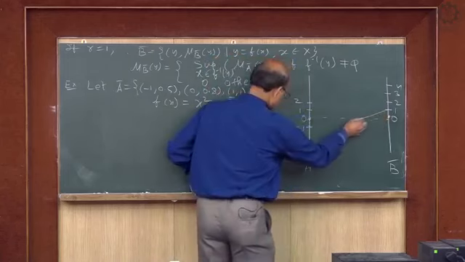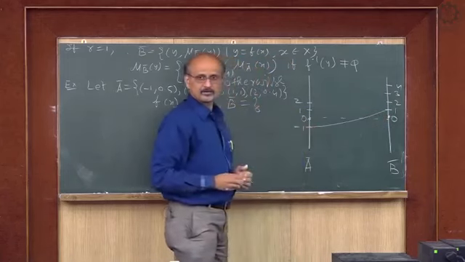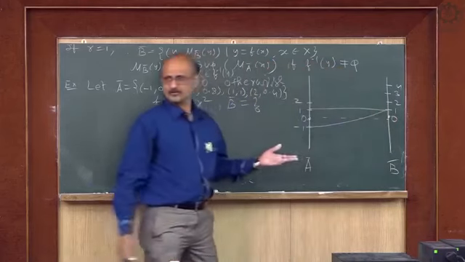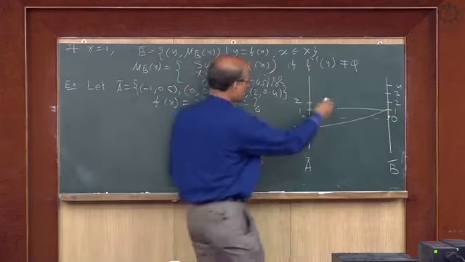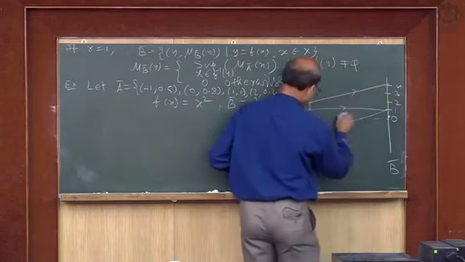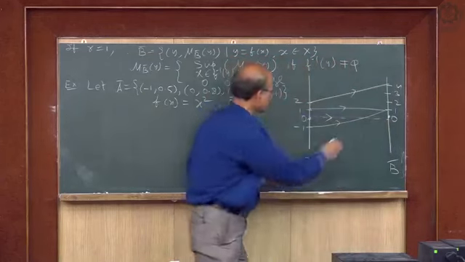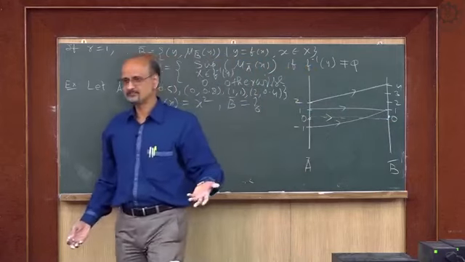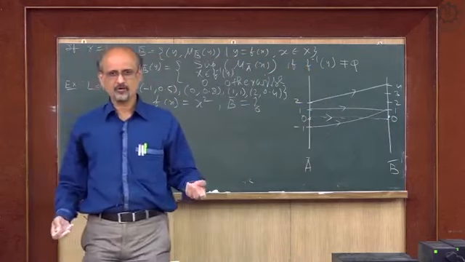So -1 is mapping to 1. 1 will also map to 1, 1 square, and 2 will map to 4. So what are the elements in B bar that we are getting? 0, 1 and 4.